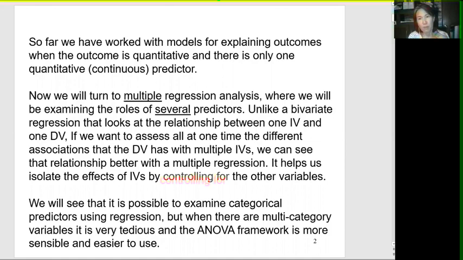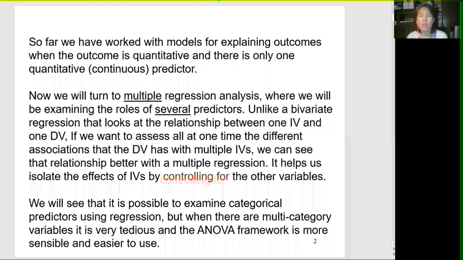Unlike a bivariate regression that looks at the relationship between one independent variable and one dependent variable, if we want to assess all at one time the different associations that the dependent variable has with multiple independent variables, we can see that relationship better with a multiple regression.